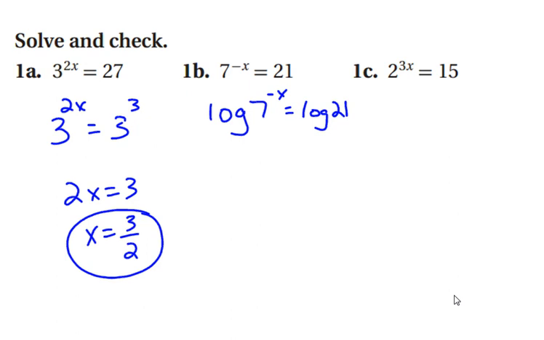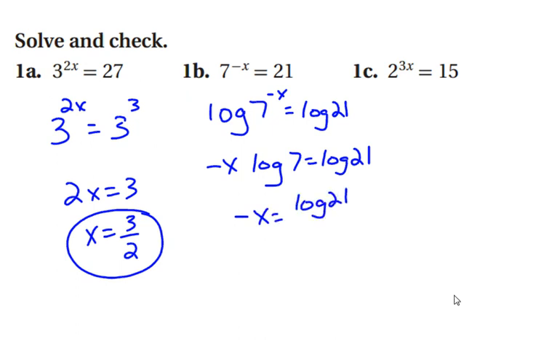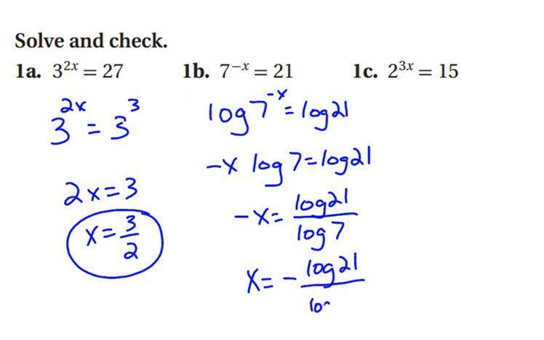By the power property of logarithms, we get negative x times the log of 7 equals the log of 21. Divide both sides by the log of 7, so we get negative x equals the log of 21 divided by the log of 7. And then to solve for x, x is going to be equal to the opposite of the log of 21 divided by the log of 7.